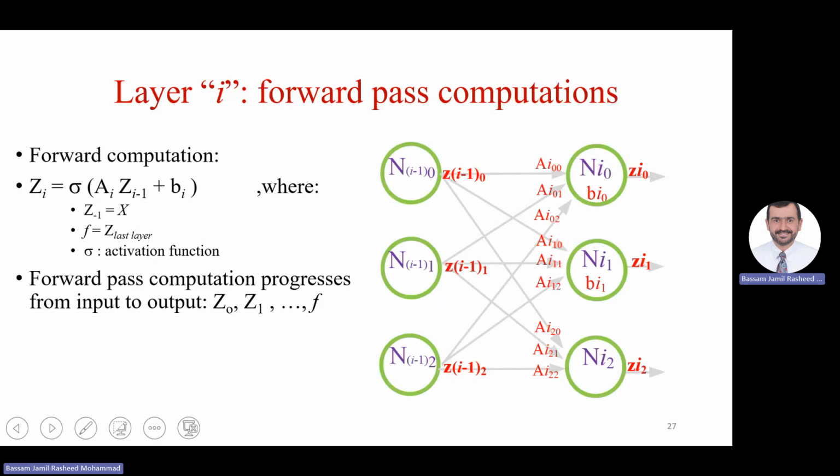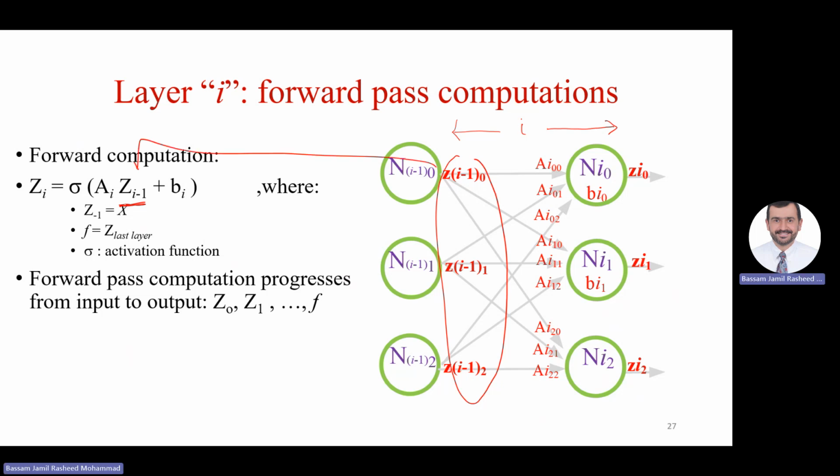Again, we said for layer i, I have my inputs here. This is my layer i. My inputs are the z i minus one, which are those ones.